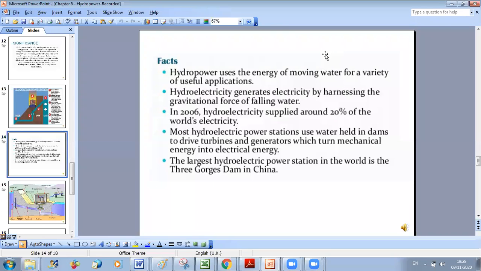In 2006, hydroelectricity supplied around 20% of the world's electricity, which is a very good percentage, and it's rising. Most hydroelectric power stations use water held in dams to drive turbines and generators, which turn mechanical energy into electrical energy. The largest hydroelectric power station in the world is in China.